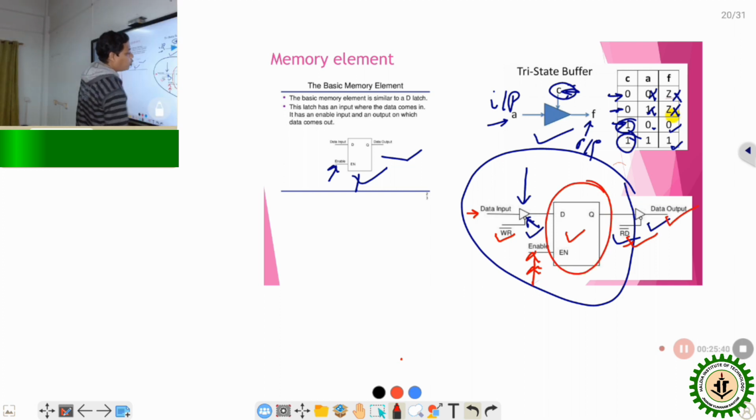So this overall picture gives us an image of how 1 bit of information can be stored in the system.